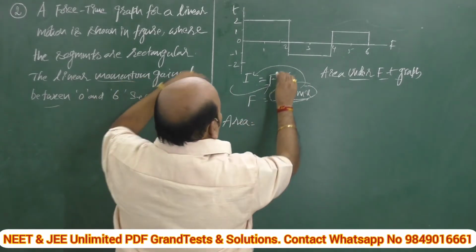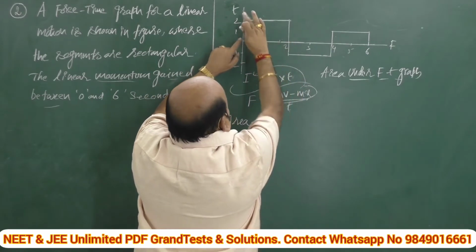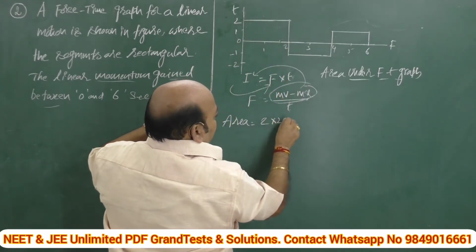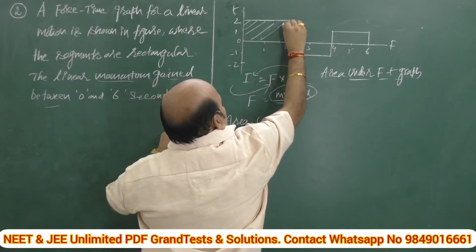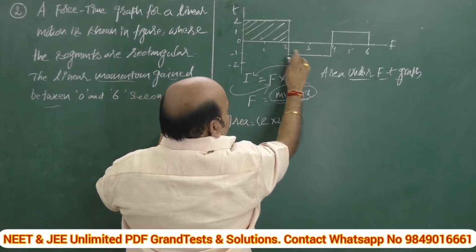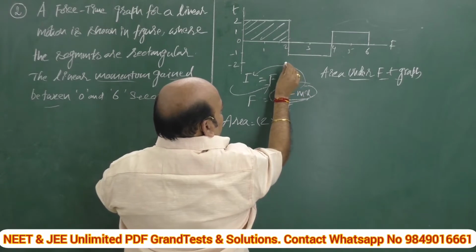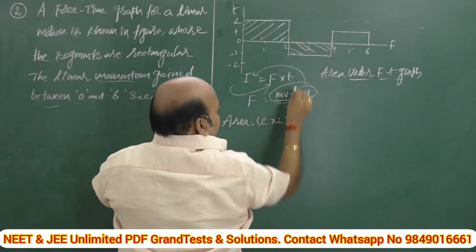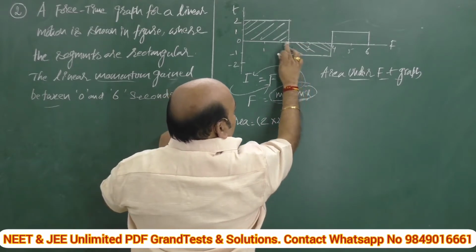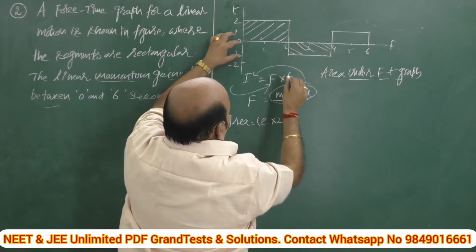What is the area? For this one, length into breadth, it is nothing but 2 into 2. This region is 2 into 2. Since it is in negative axis, we have to subtract. This is another area, and this is 2, but this is only 1 unit.